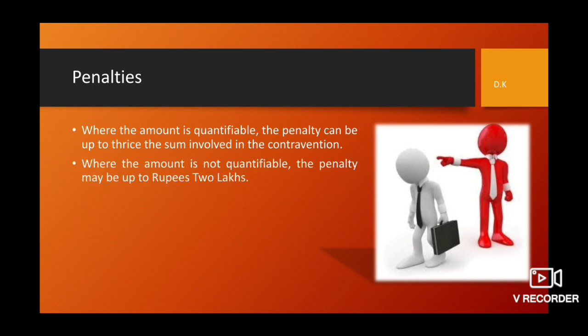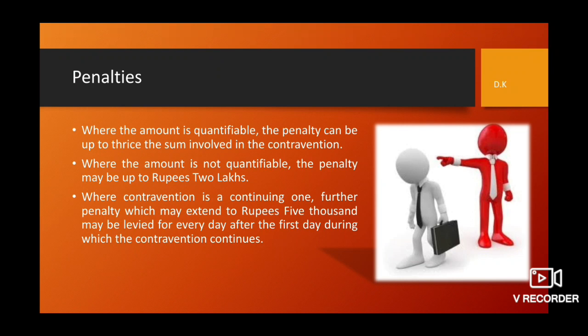Where the amount is not quantifiable, the penalty may be up to rupees 2 lakh. And if the contravention is a continuing one, a further penalty which may extend to rupees 5,000 may be levied for every day after the first day during which the contravention continues.